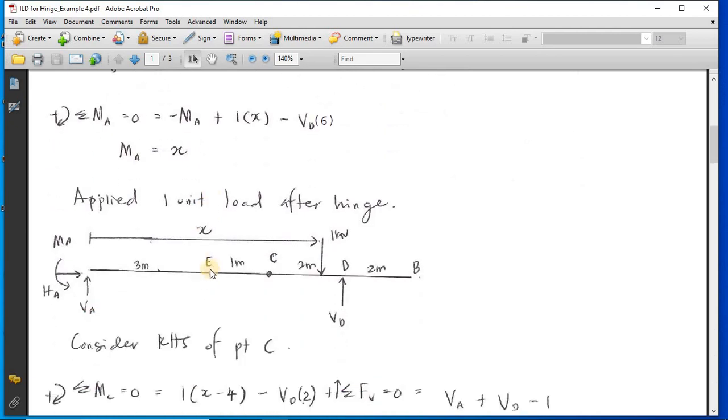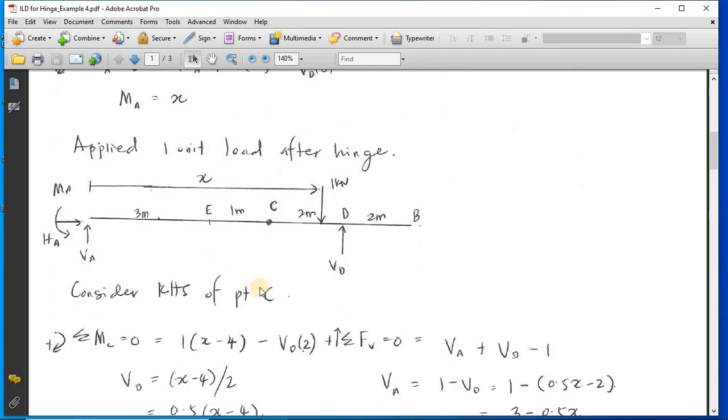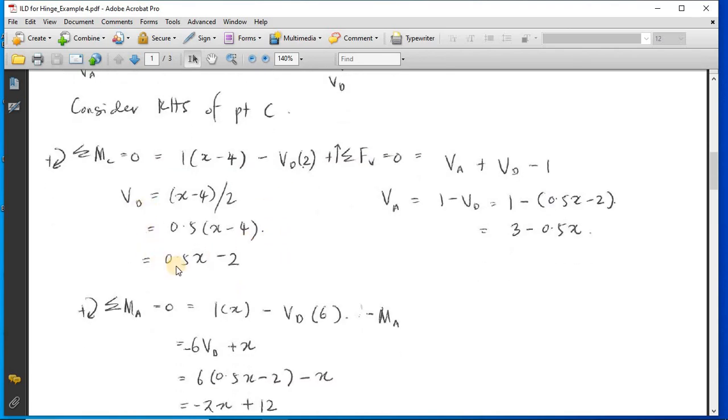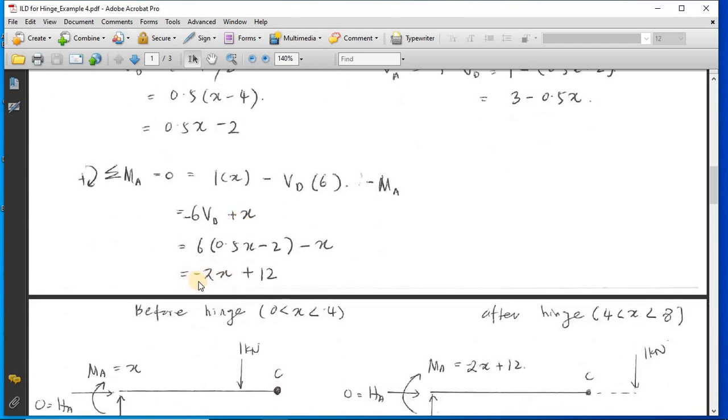Another set of reaction values at support can be obtained by considering the 1 kilonewton load beyond point C. By considering all the equilibrium equations, you'll get VD equal to 0.5x minus 2, VA equal to 3 minus 0.5x, and MA equal to negative 2x plus 12.